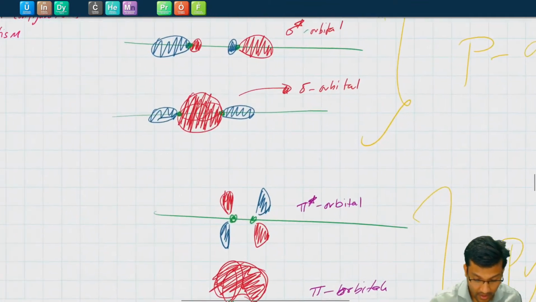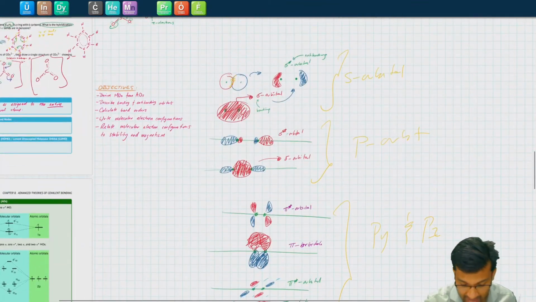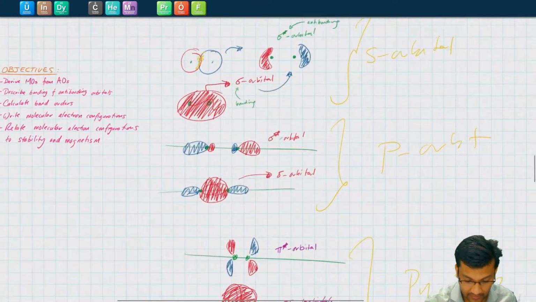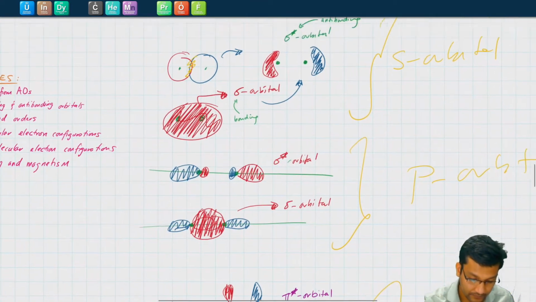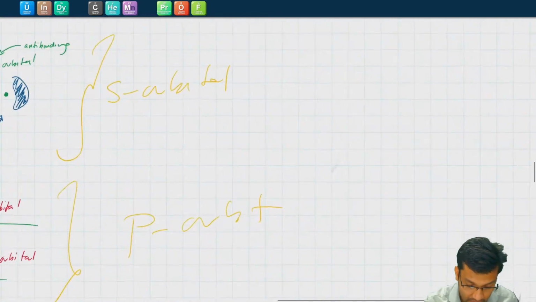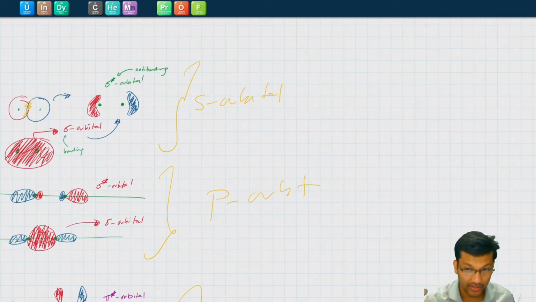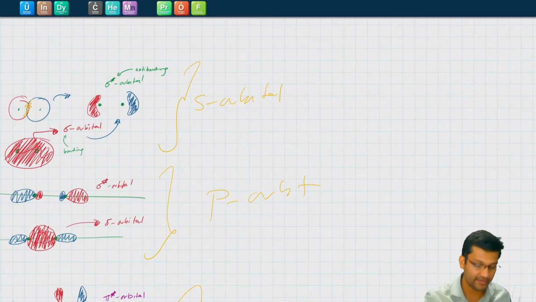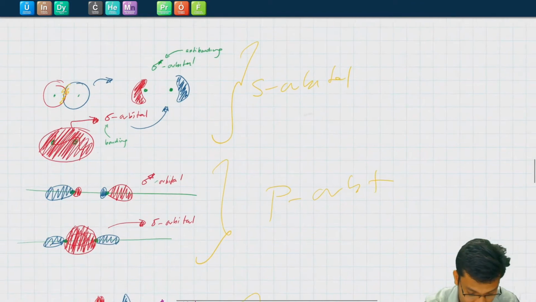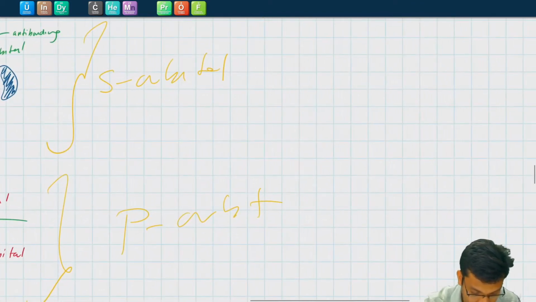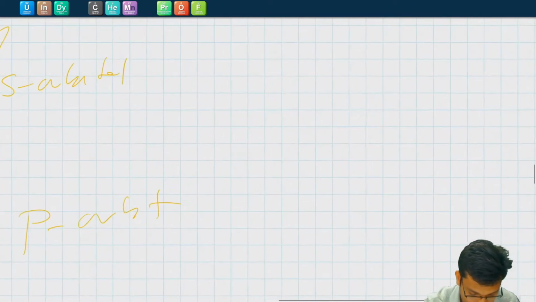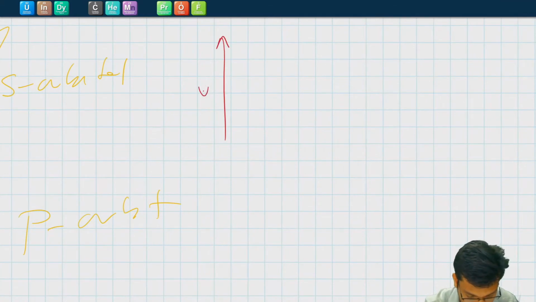All right, so now that we have an idea of what they look like, let's think about energy. When orbitals come together, they're always going to form bonding orbitals that are lower in energy and antibonding orbitals that are higher in energy. So let's look at the case with an s orbital. Let's say the y-axis is energy, and you have an s orbital here, let's say a 1s orbital.